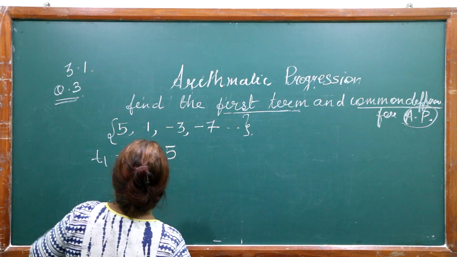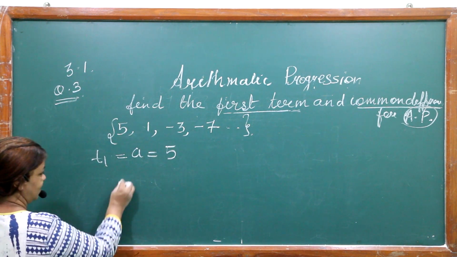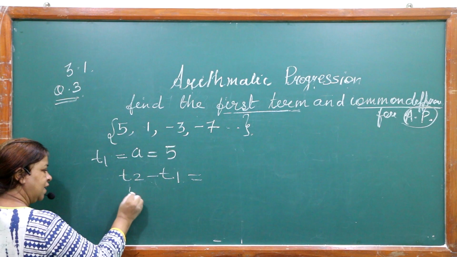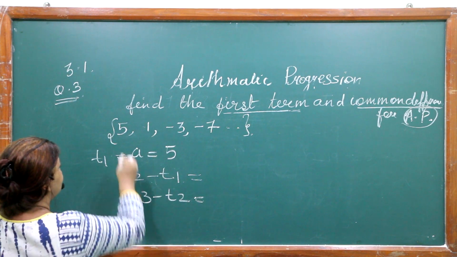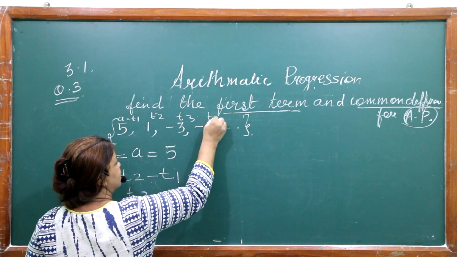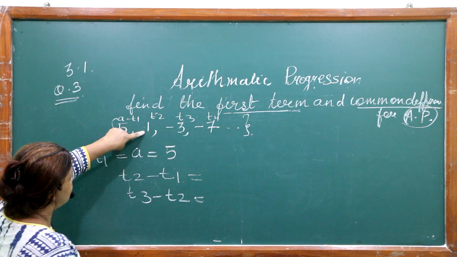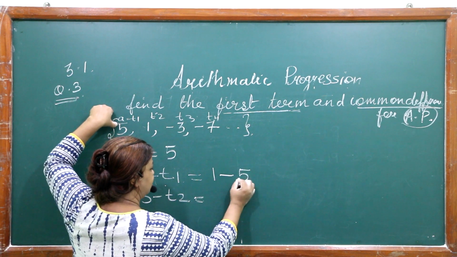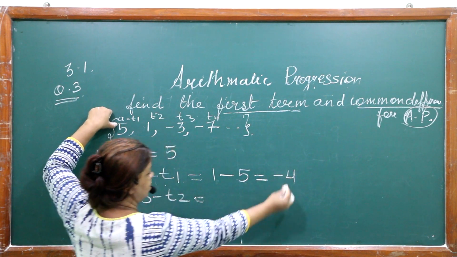Now we want to find out the common difference as we did in question number 1 of the 3.1 exercise, that is T2 minus T1, T3 minus T2, any one we can take. First we should write down here A is equal to T1, this is T2, this is T3 and this is T4. So if I am writing T2 minus T1, what am I getting? Term 2 is this minus T1, which is 5. So 1 minus 5 is 4, sign of the greater number minus, 4.